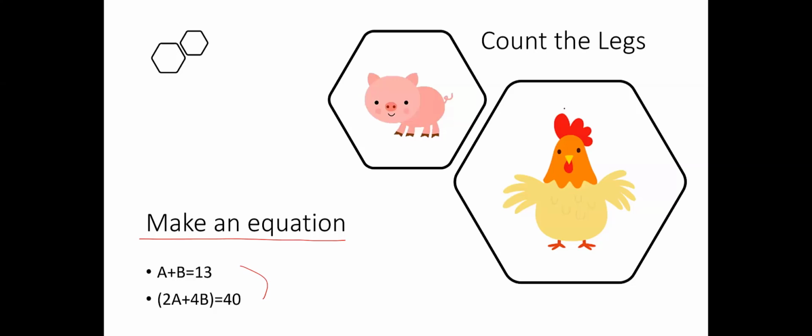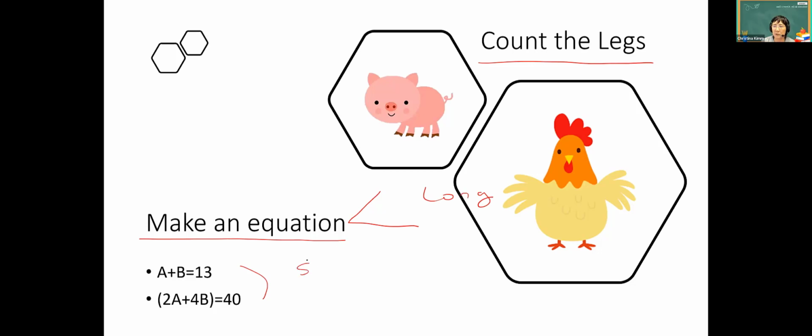And the other way is, you can actually count the legs. So it's 2 legs there and 4 legs there. And then put the 2 here and then 4 here. So just line them up and then do it. So you can solve it. This time, both will come up with the correct answer. But the thing is, this one takes longer, and this one is shorter.